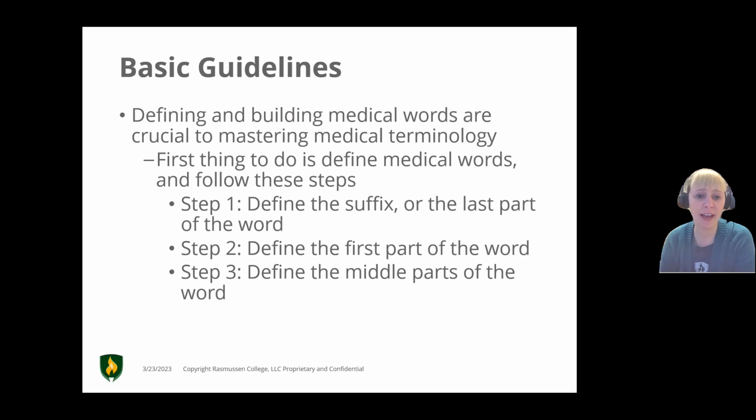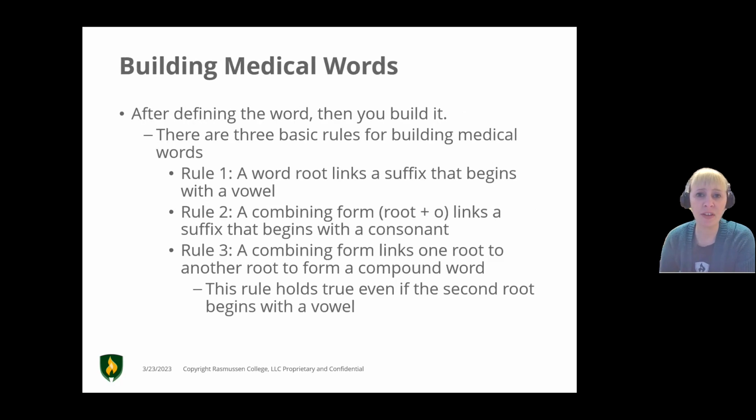Once you have defined that, then you can define the prefix. So do the suffix, then the prefix, and then come back and do the word root. So after you define the word, you then need to learn how to build it. So building it comes with 3 basic rules as well.